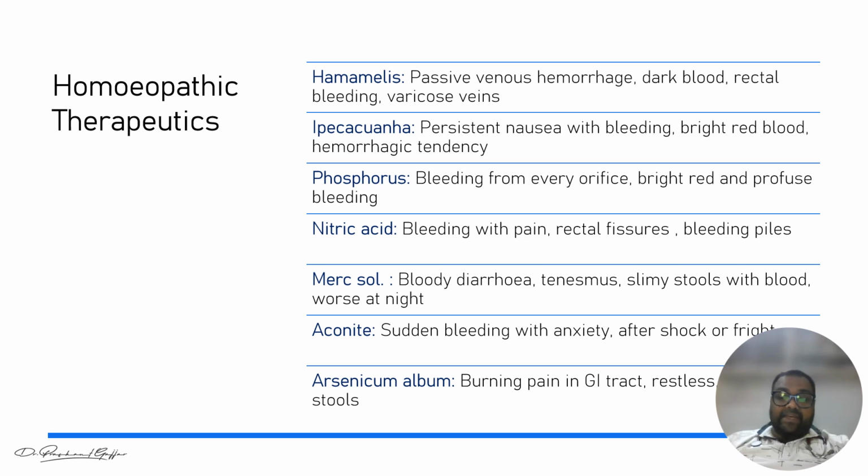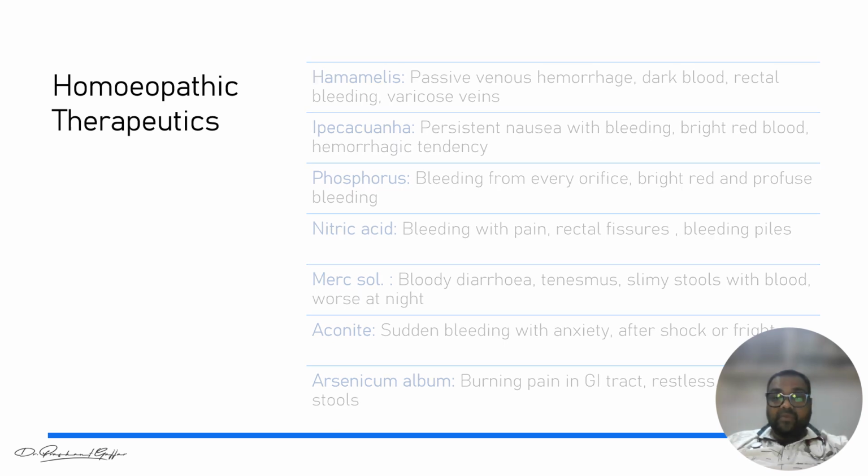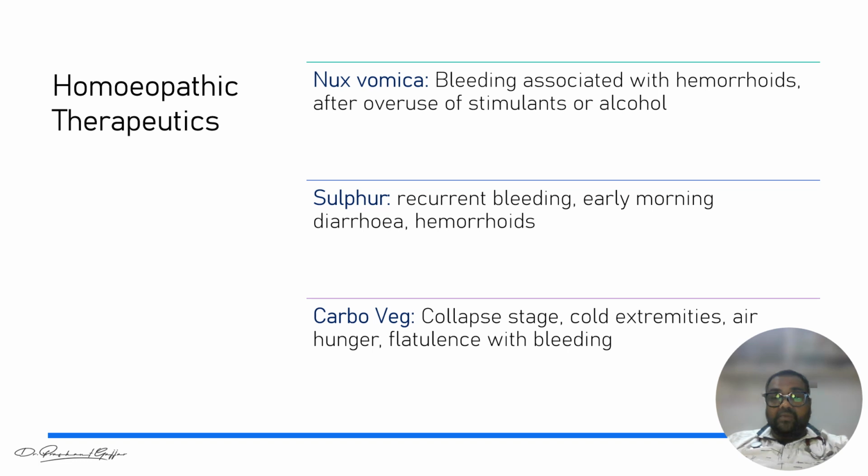Other therapeutics are Nux vomica: bleeding associated with hemorrhoids and after overuse of stimulants or alcohol. Second is Sulphur: recurrent bleeding, early morning diarrhea and hemorrhoids.